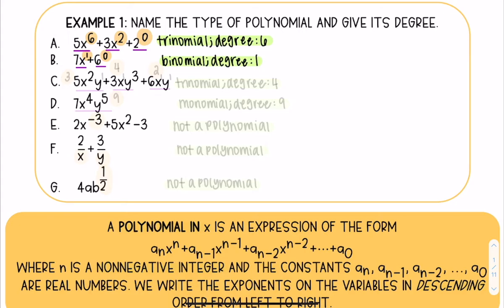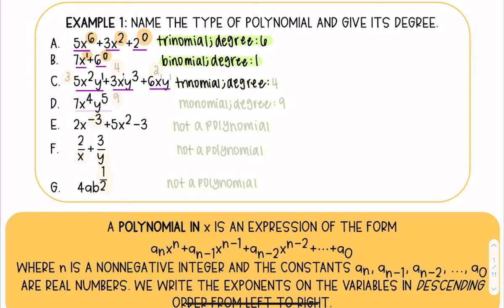Let's try something a little bit more complicated. First off, let's just see what type of polynomial it is. We have 1, 2, 3 terms. So this is a trinomial. And we need to figure out the degree. We have multiple variables going on here.